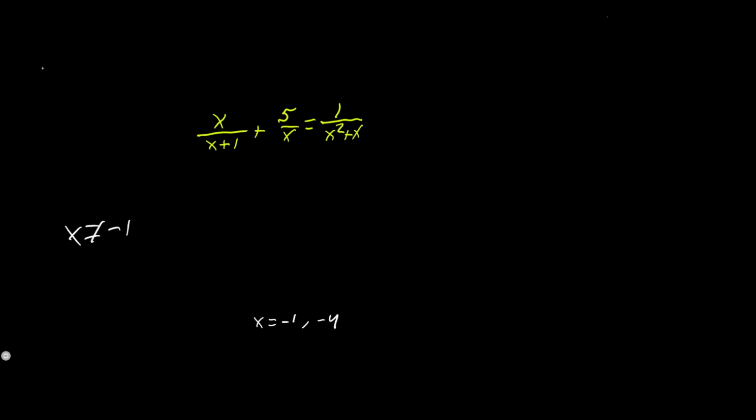So we can go ahead and get -4 over -3 minus 5 over -4, and that is equal to 1 over 16 minus 4, that is 12. So now we can see that this is just going to give us positive 4 over 3 minus 5 over 4.